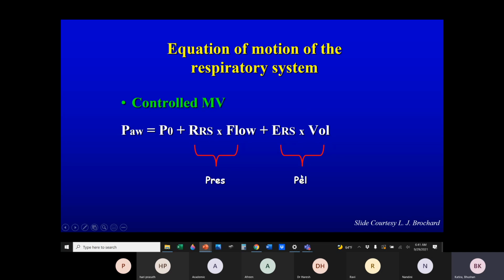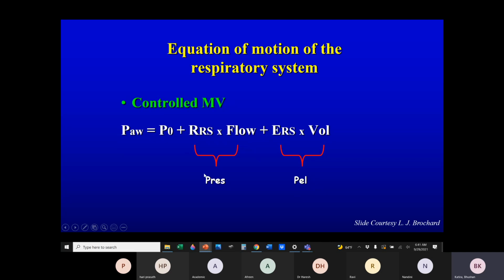Similarly, the elastic pressure is also determined by the tidal volume set on the ventilator. So A is the lung condition and B is the way you set it, which also determines this pressure. This is very important to understand as the crux: what we measure as the airway pressure on the ventilator has two components.